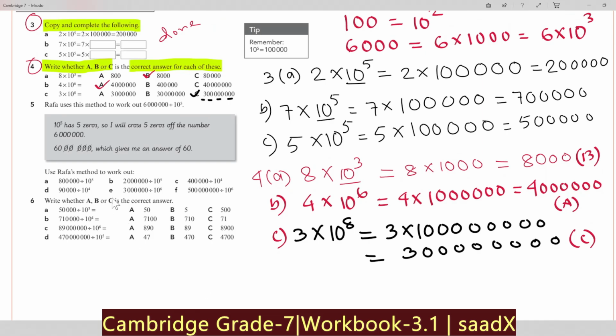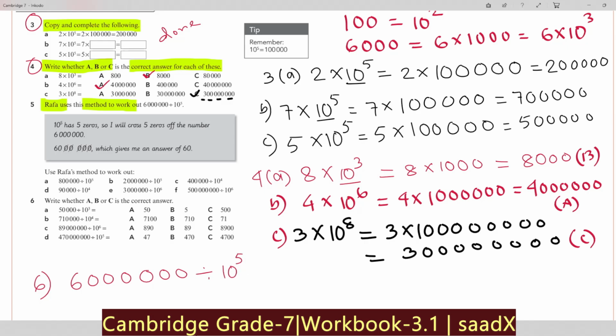Now the important part. Rafa uses a method to work out 6. Look, here Rafa mentioned 660 and then divide by 10 to the power 5.